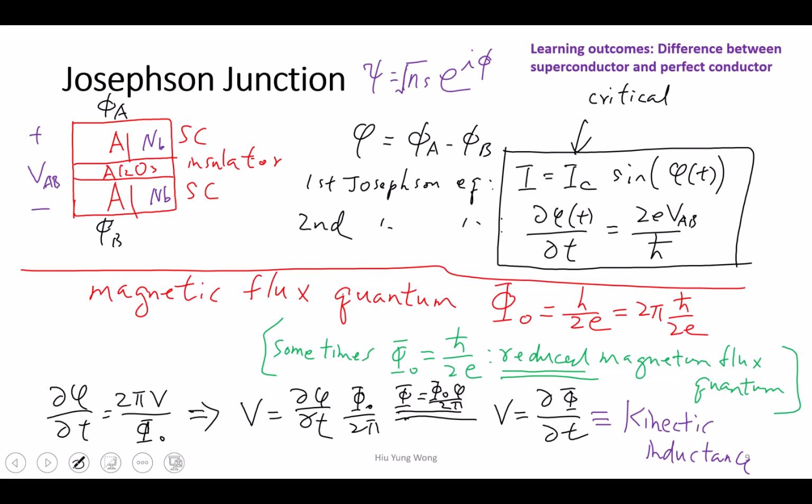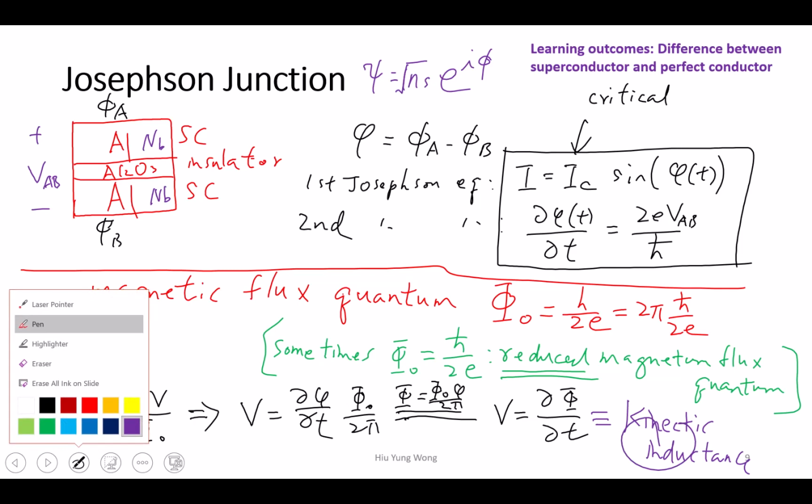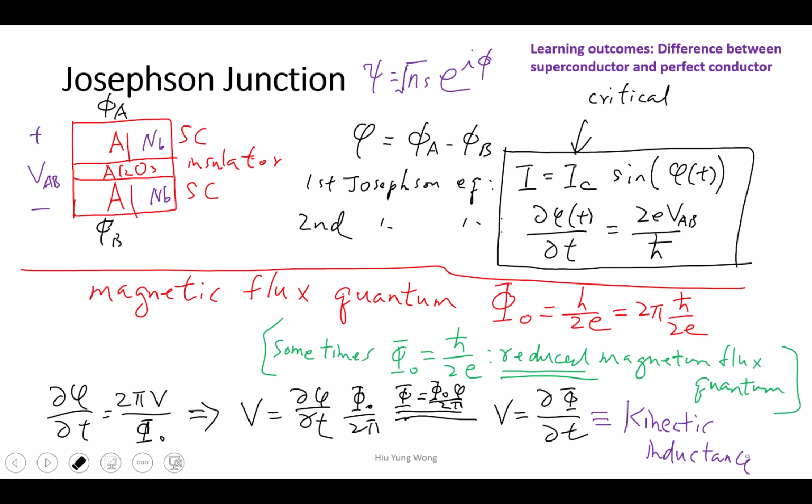Now, if I have a superconductor and I don't apply any voltage, I don't apply any external energy, the current will just go around forever. That is the inductance, right? So instead of storing the energy in the magnetic field like in a regular inductance, here you store the energy as the kinetic energy of the Cooper pair.